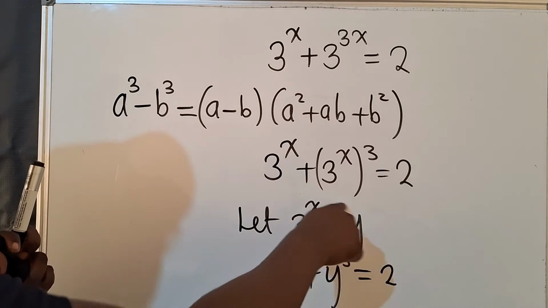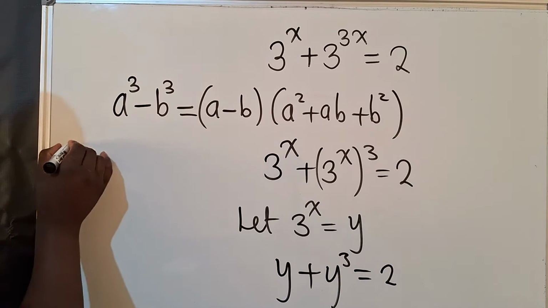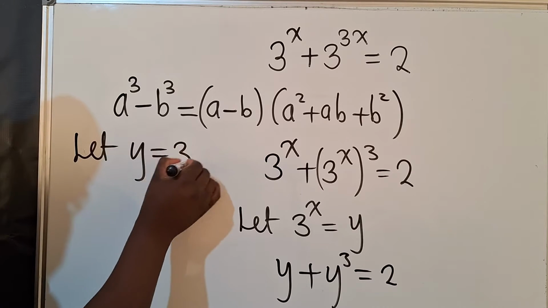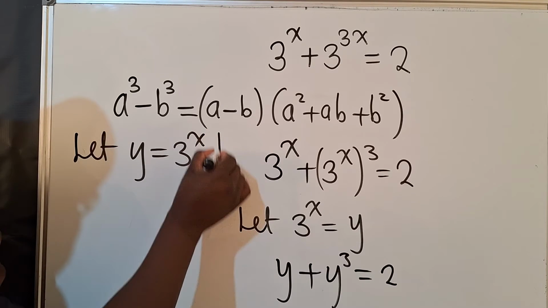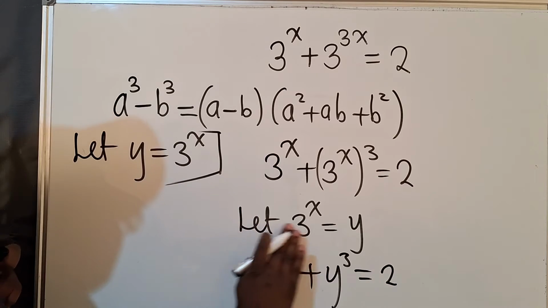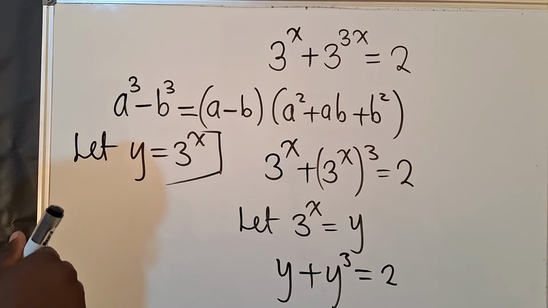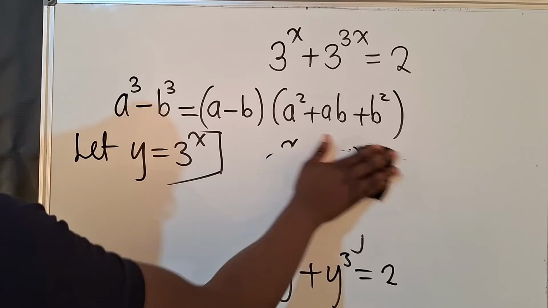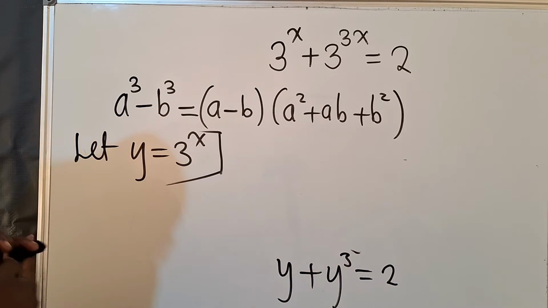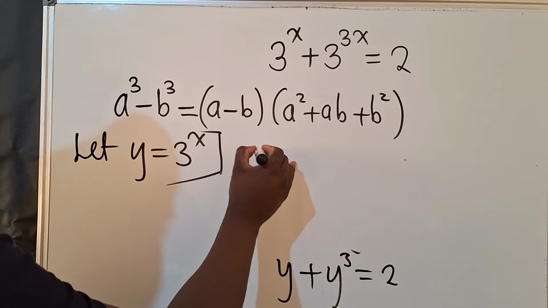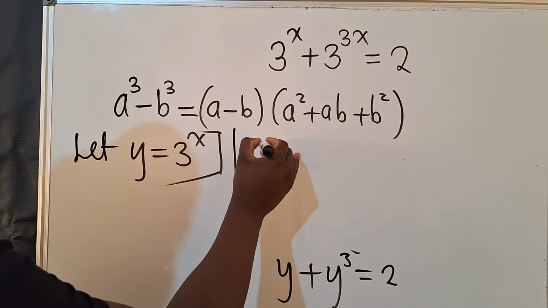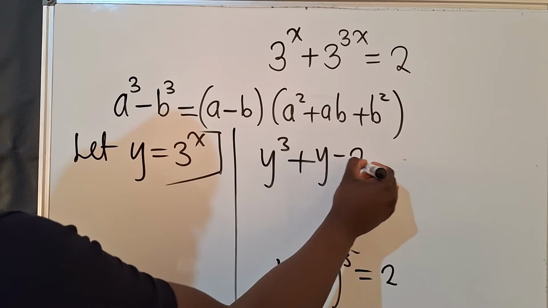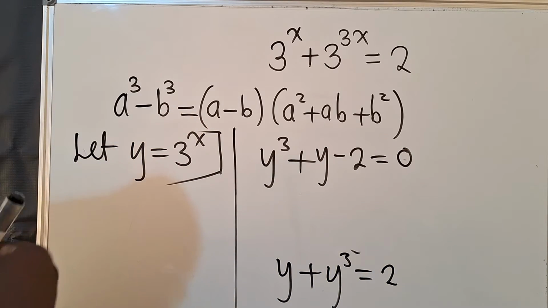And now we keep this. This is important. Where we said let y is equal to 3 power x, this is the stage where we are at. Let me clear here so that you see what I want you to do. We can write this as y power 3 plus y minus 2 is equal to 0.